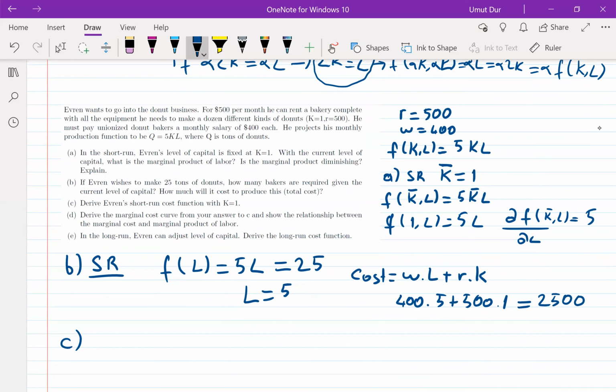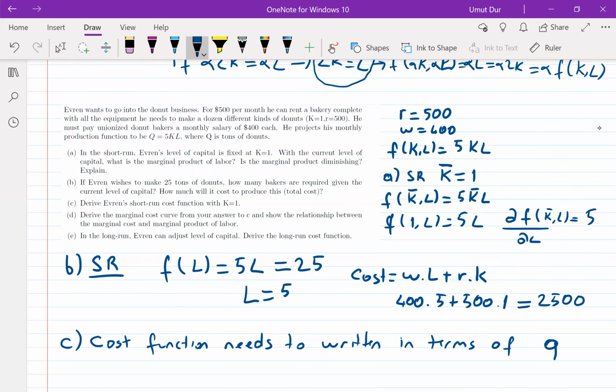In part C, it asks us to derive the short-run cost functions. Here you need to be careful that the cost function needs to be written in terms of quantity.